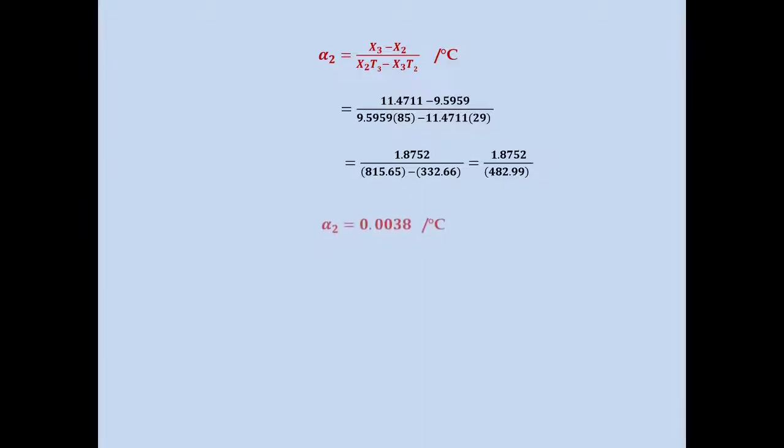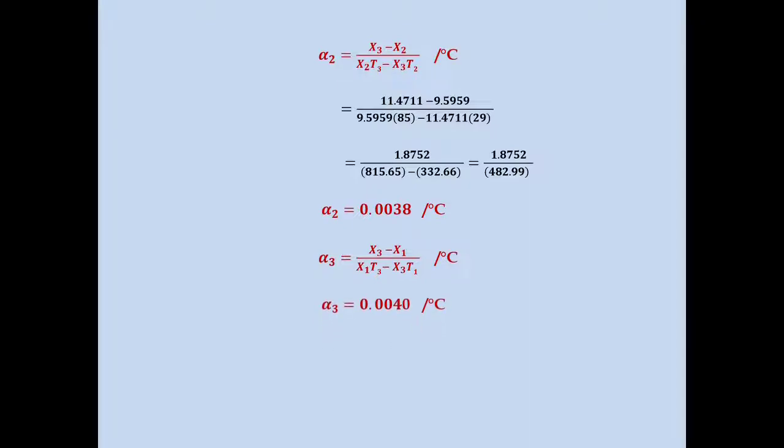Subtracting the numerator and multiplying and subtracting the denominator, we get 1.8752 divided by 482.99, and alpha 2 comes out to be 0.0038 per degree centigrade. Again this value is also close to alpha 1, which is 0.0044 per degree centigrade.